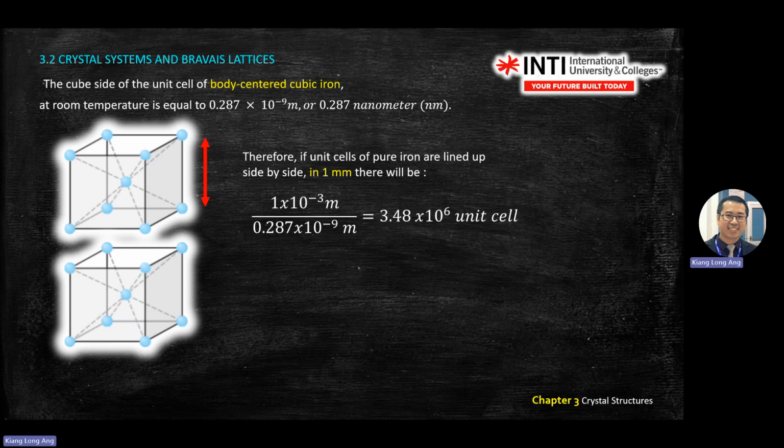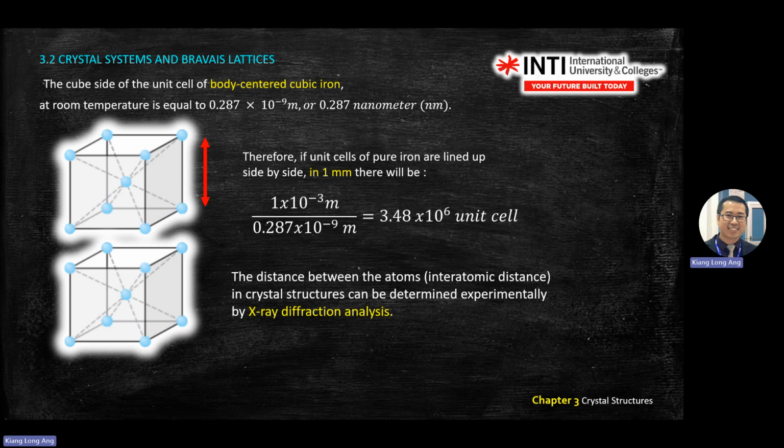Okay, so you just take 1 mm, you convert milli to 10 power negative 3, divided by 0.287 nano, which is 10 negative 9. So negative 3, negative 9, so actually it becomes 6. Right? So 1 over 0.287, you get 3.48. Make sense?